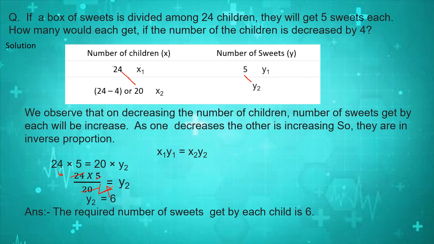Or we can say when the number of children reduces from 24 to 20, the number of sweets received previously by each child is 5. Now 20 children will receive 6 sweets each. So in this way we have to solve the problems of inverse proportion.